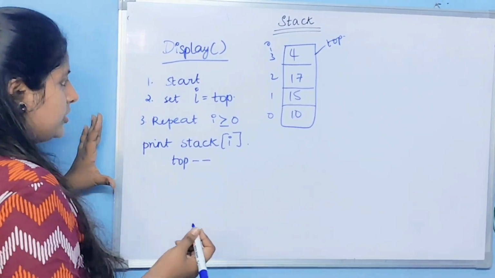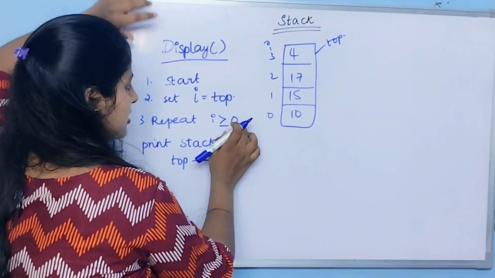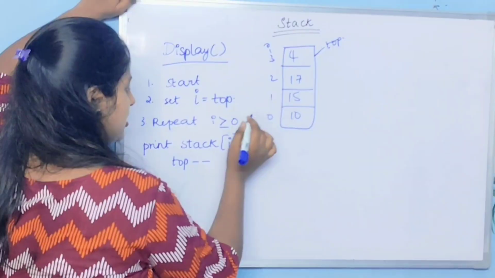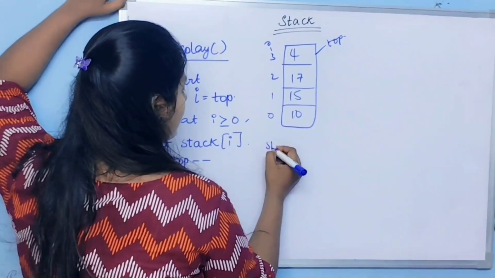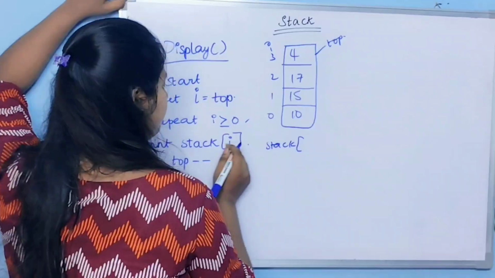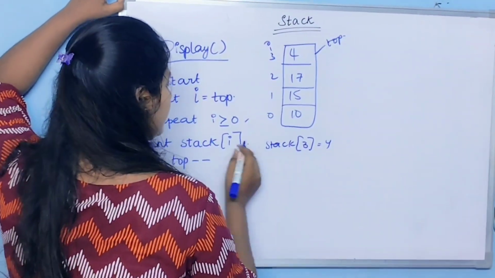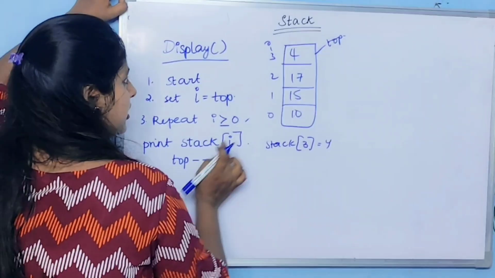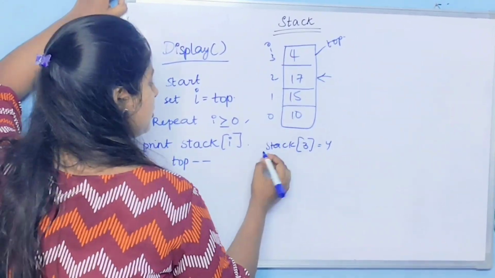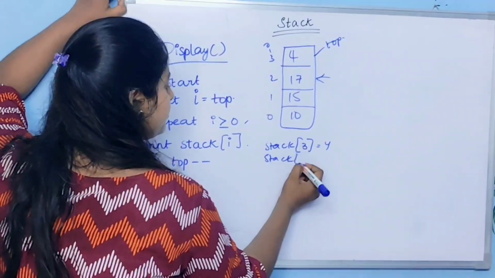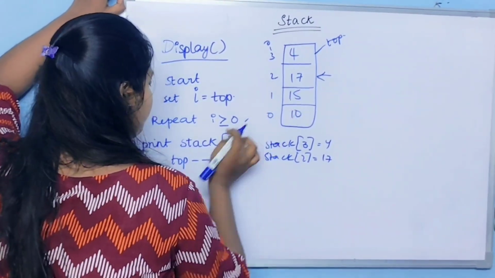Okay. Now we'll see how this is performed. i equals top. This is okay. i is greater than 0, 3 is greater than 0. This is also right. Now print stack of top. What is stack of top? 3, then 4 is printed. Now top is decremented, so top is 2. Stack of 2 is equal to 17. Now again the value is decremented.